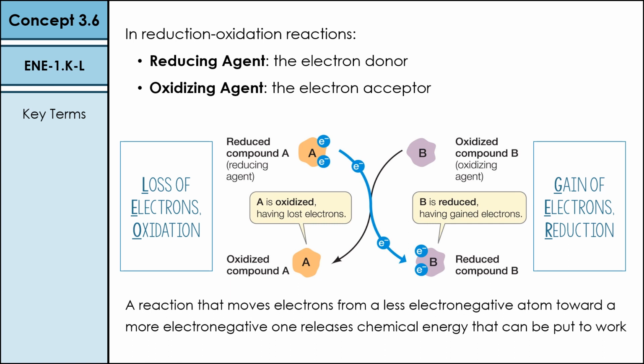And so when we move our electrons from a less electronegative atom towards a more electronegative atom, we release all that chemical energy that can be used to put into work within our cell. So that is, in essence, what our energy carriers are doing.